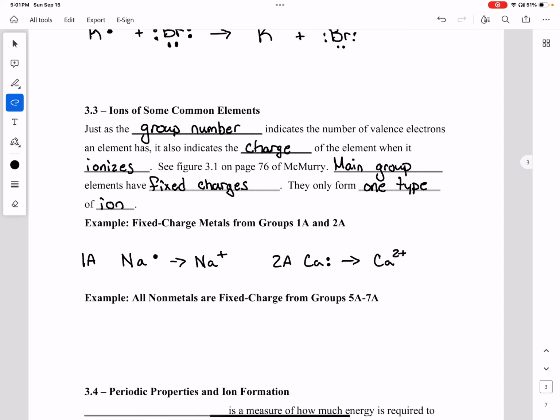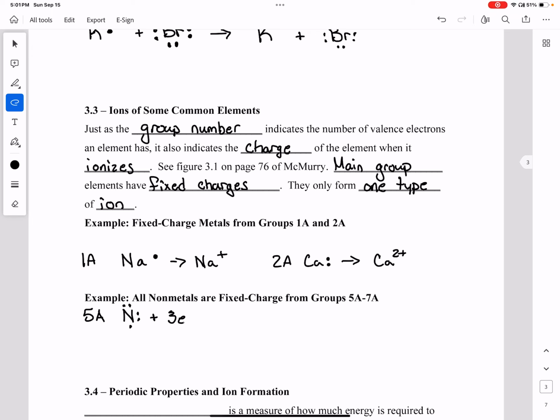Okay, all nonmetals have fixed charges, and those are groups 5A through 7A. So in group 5A, we have nitrogen, and that has 5 valence electrons.